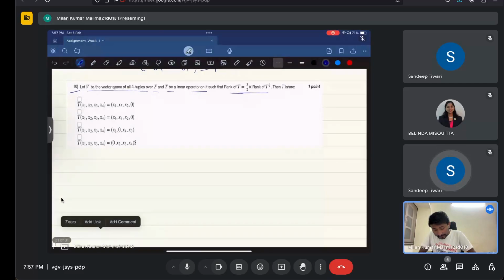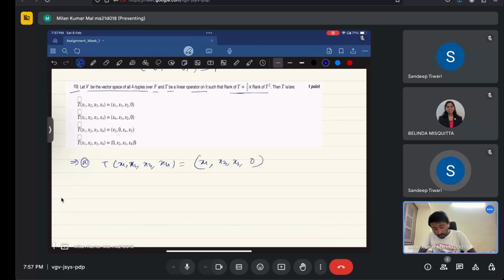So the first one says T(x1, x2, x3, x4) is just x1, switching x3 and x2 and making the last entry 0. Now T square of (x1, x2, x3, x4) equals T of (x1, x3, x2, 0). In that case, x1 will be as it is; switching x2, x3 and making it 0.